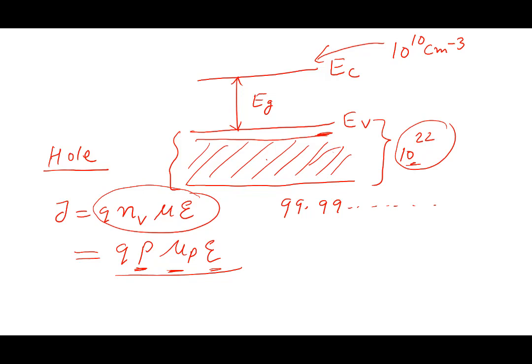So in semiconductors, if I want to talk about conduction, I have to talk about electrons in the conduction band and holes in the valence band. These are the two things I have to understand. How many electrons are there in the conduction band? How many holes are there in the valence band? I need to know those in order to say how much current flows.